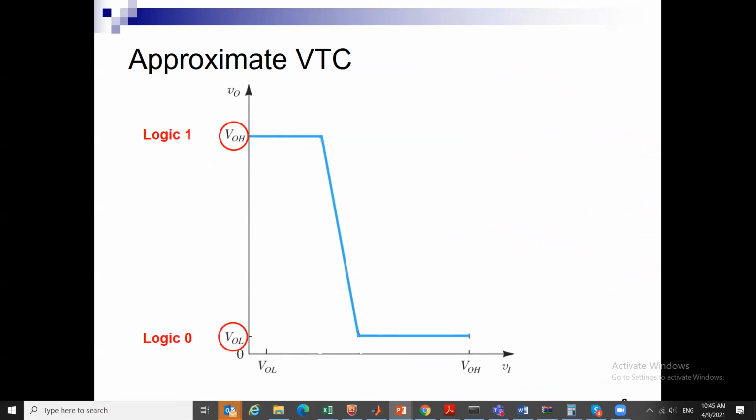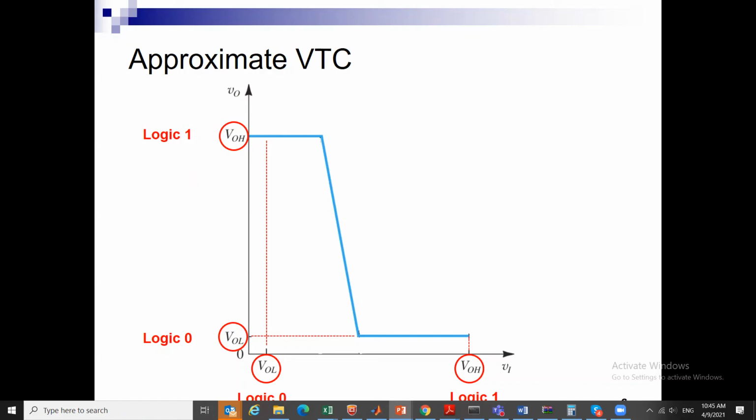So this is my logic 0, this is my logic 1, and this is my logic input 0 and 1 that will propagate in the design. Okay, so let us now see what can happen in real life.